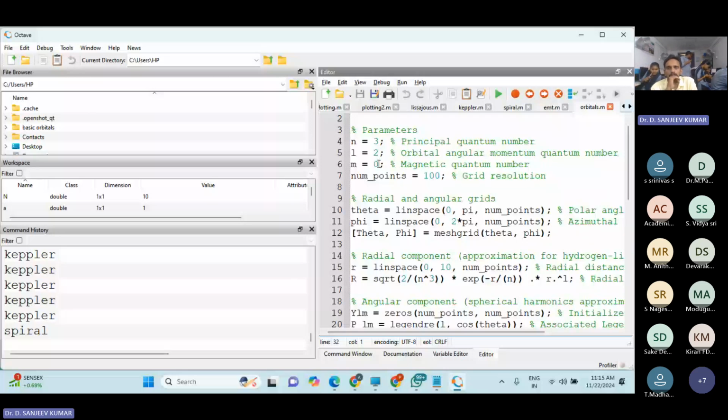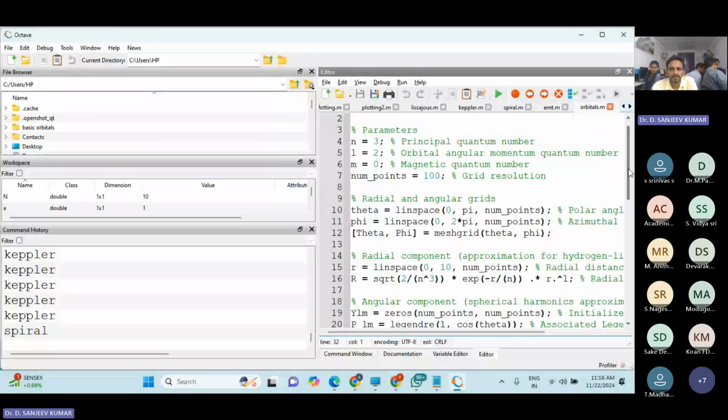So it is in third orbit. In third orbit, d orbital, and M is equal to 0, probably d z square. That is a d z square orbital. It comes out to be dumbbell in shape.